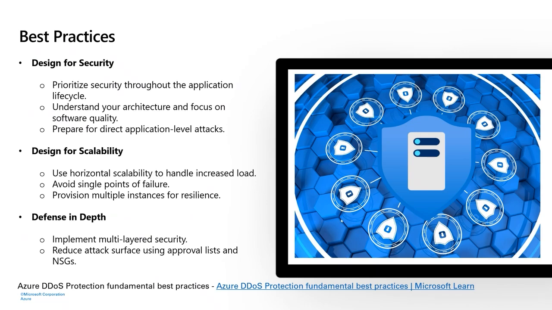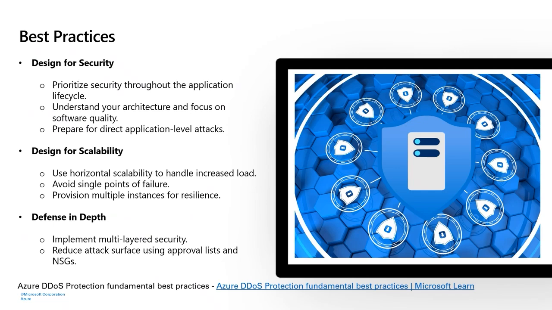Now there's a link to Azure DDoS protection fundamental best practices. And with this, what we basically say is to have these three pillars. So first of all, is to design for security. So you prioritize security throughout the entire life cycle of the application. That's from the design to the implementation, to the deployment and to the operations.